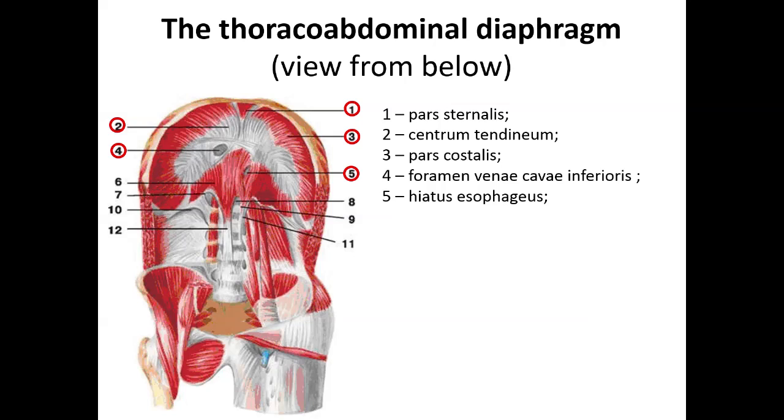So hiatus esophageus we can find inside of the muscular part of the diaphragm. In comparison with foramen venae cavae inferioris, it is surrounded with muscular fibers. These muscular fibers also serve as a special sphincter.